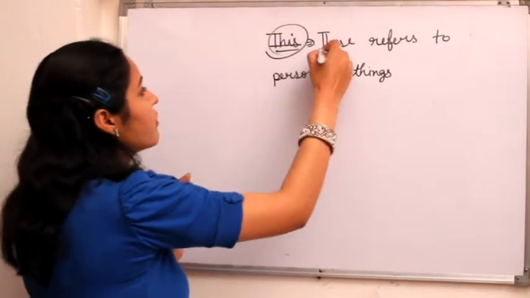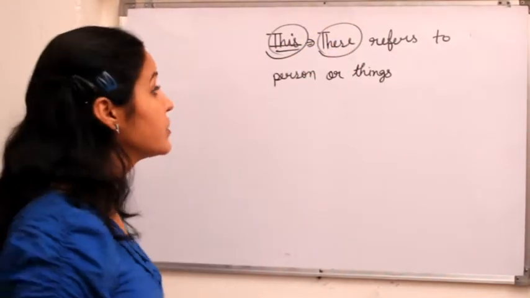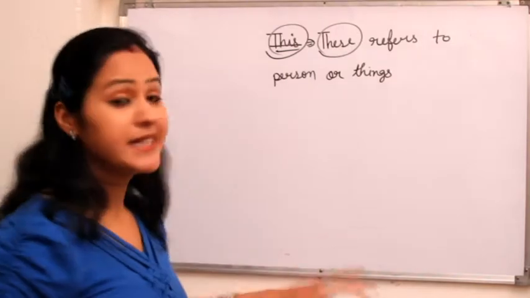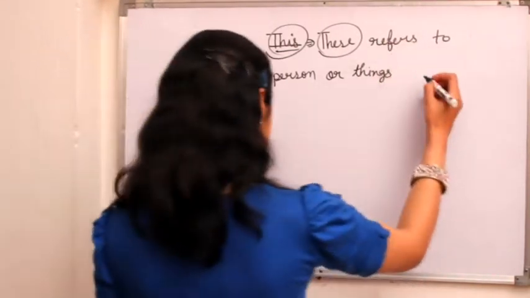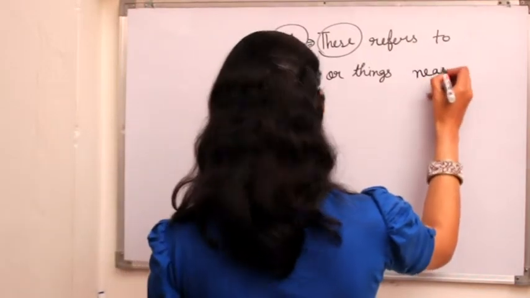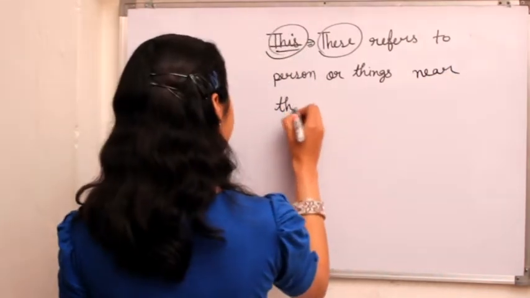Now I'm talking about this and these. So this and these refer to persons or things that are near the speaker.